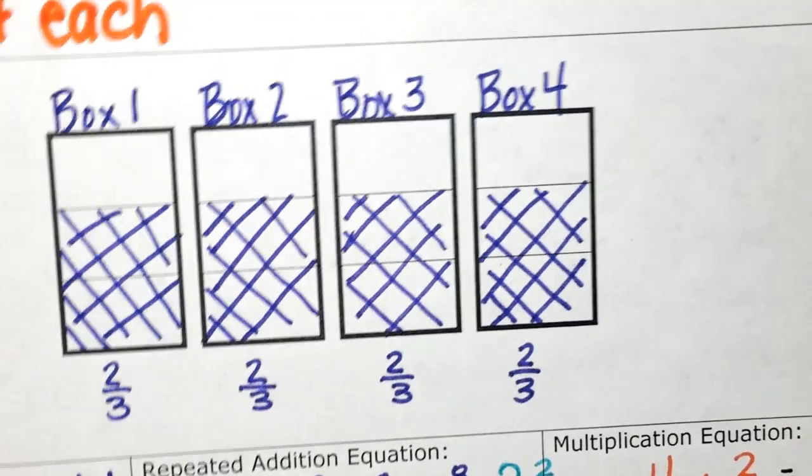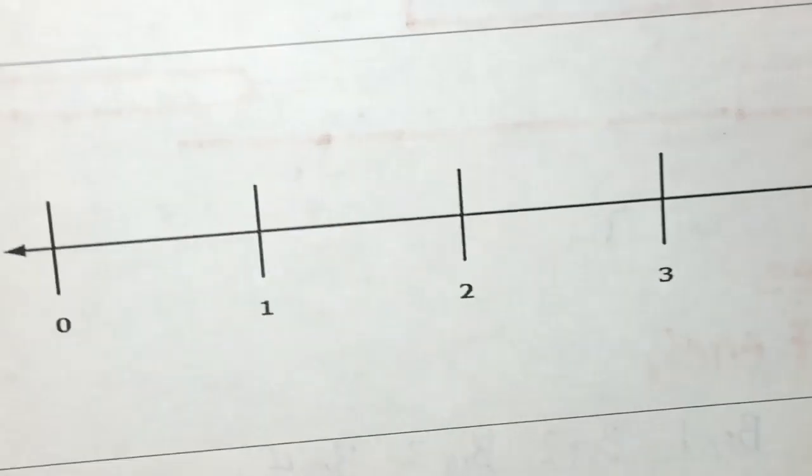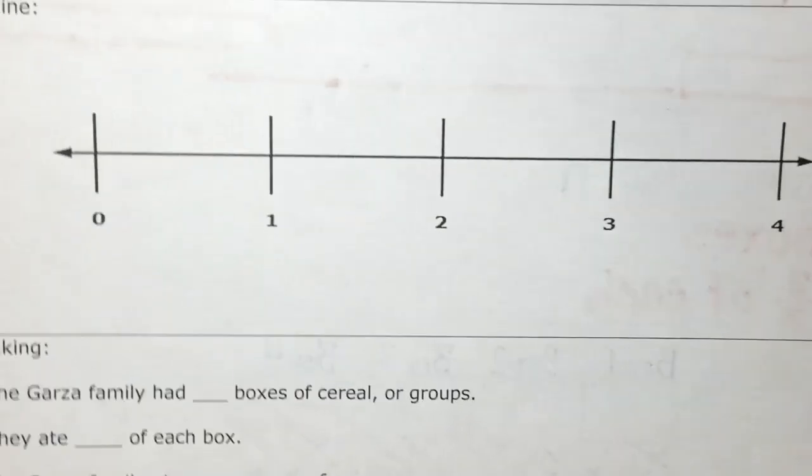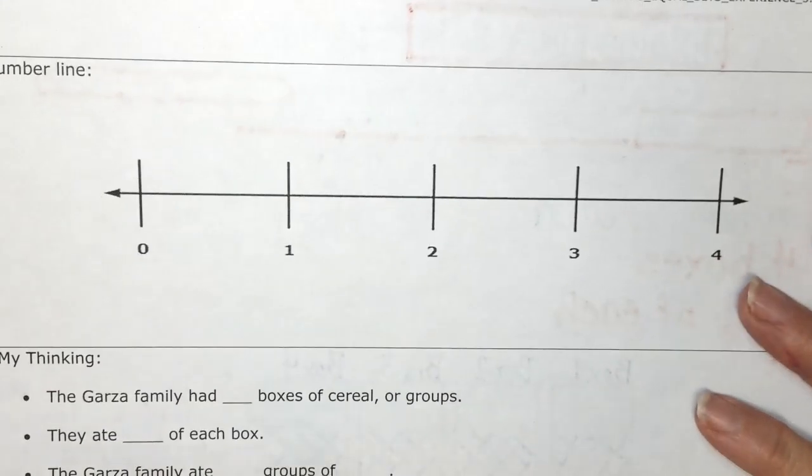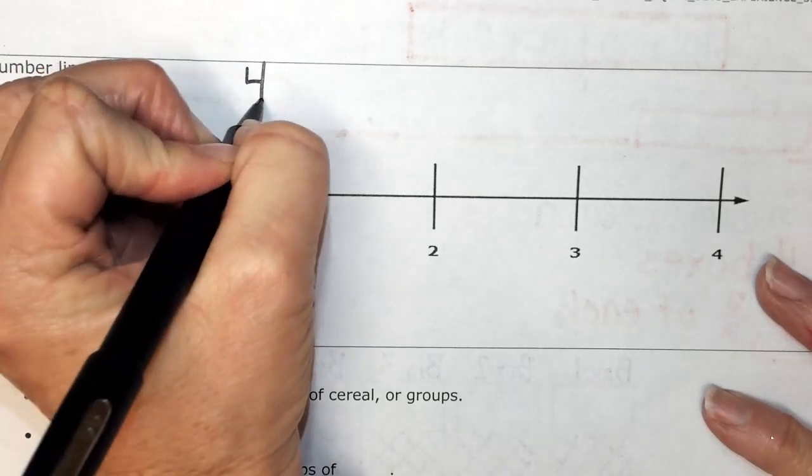Turn over to the back, please. And on the back, we have a number line. So basically what we want to do on our number line is we want to bring over the details from the front. And so we're going to start with our 4 boxes.